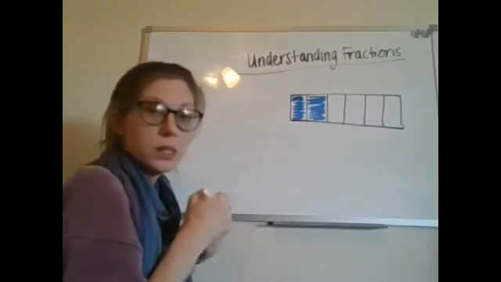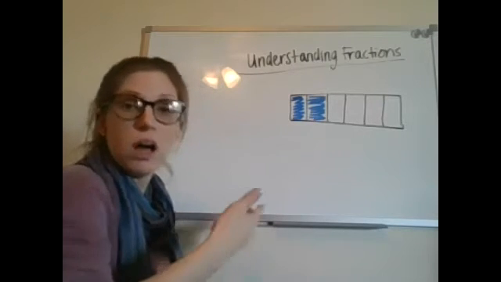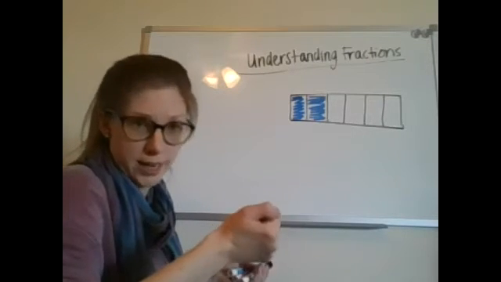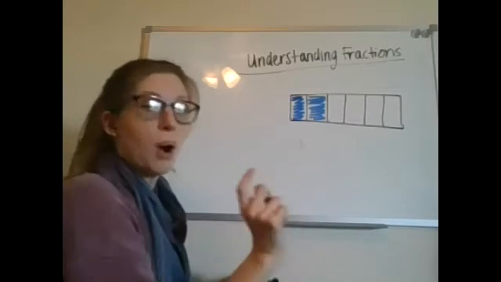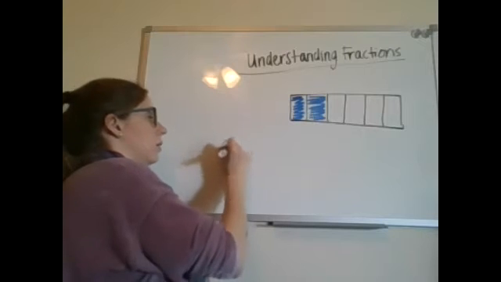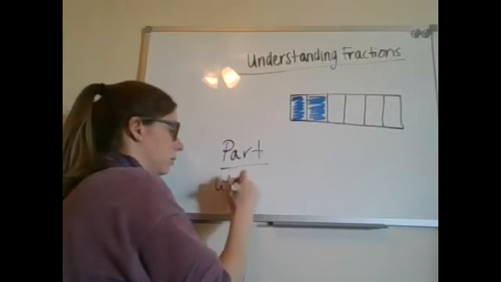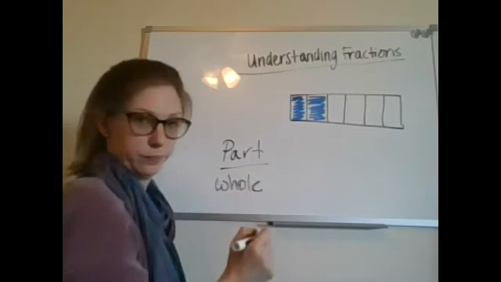Alrighty. So if I said, what fraction of this shape is shaded in? The part that is shaded in. So I'm gonna write this over here real quick. Fraction, remember, is always part over whole.